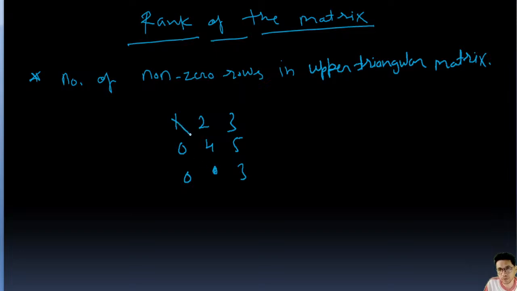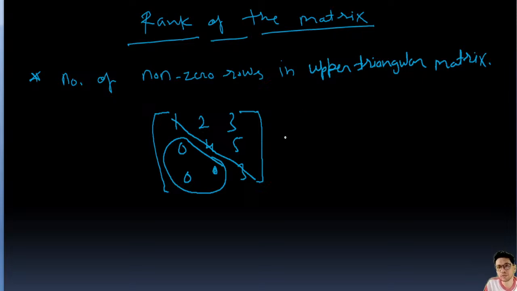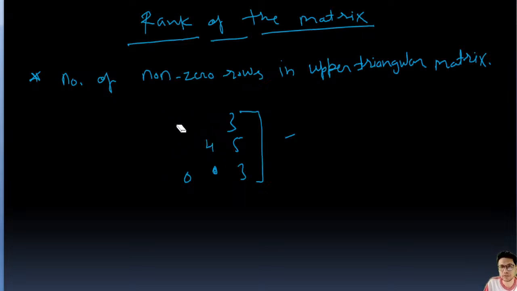The elements below the principal diagonal are 0. A matrix whose elements below the principal diagonal are all 0 is called an upper triangular matrix, which I have already explained.